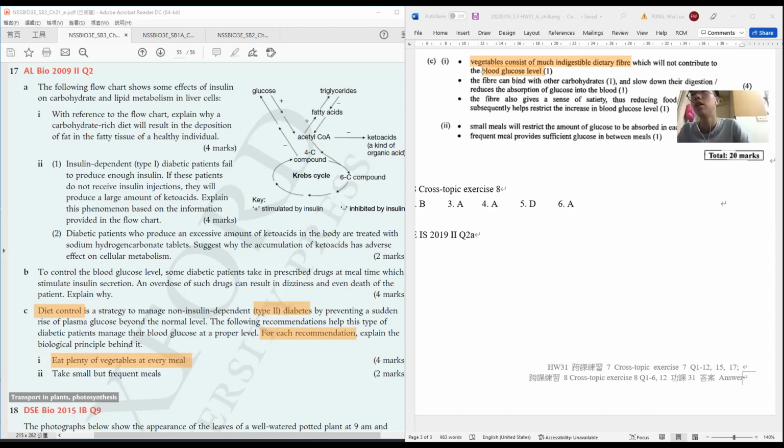Second point, the fiber, we don't learn this in the textbook, but it's also a good concept for you. They bind with other carbohydrates, so they can slow down the carbohydrate digestion and slow down the glucose absorption.